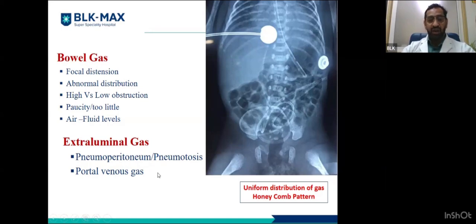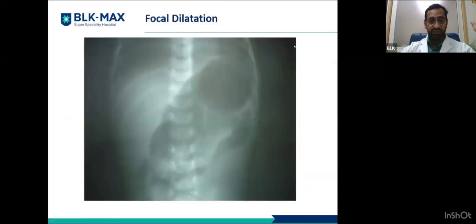Sometimes it can be intramural gas, which we call pneumatosis intestinalis, and also, as you see in patients with necrotizing enterocolitis, you can find portal venous gas also, which you can even see on the X-rays. So this is how you see the extraluminal gases, and that also you should always look for when you're reading an X-ray.